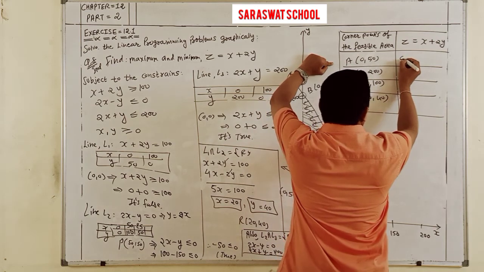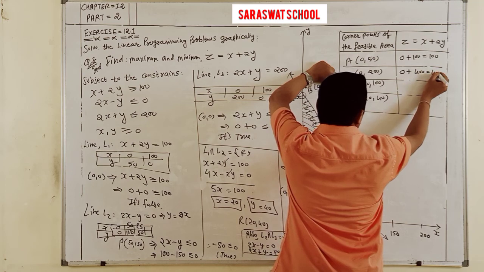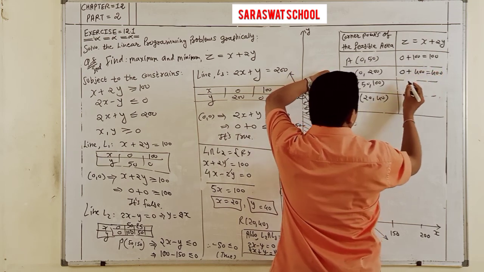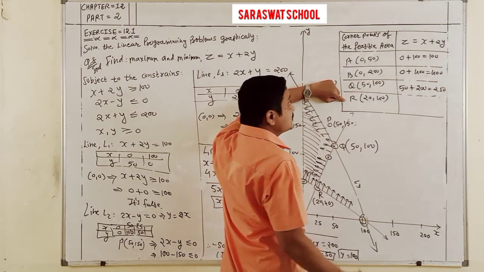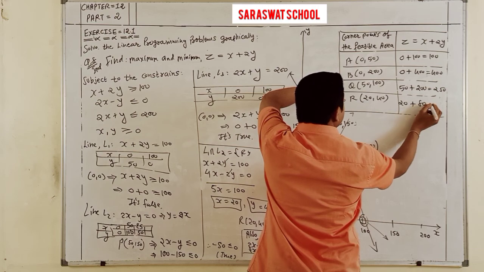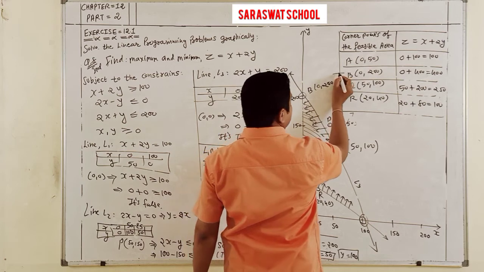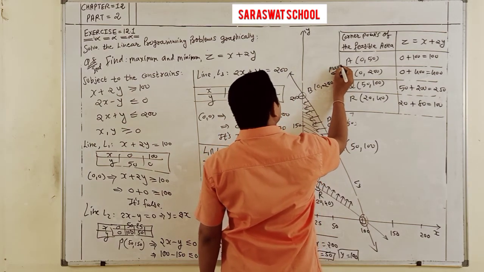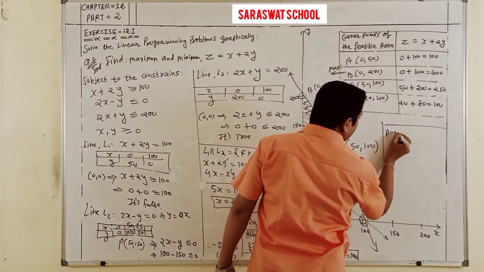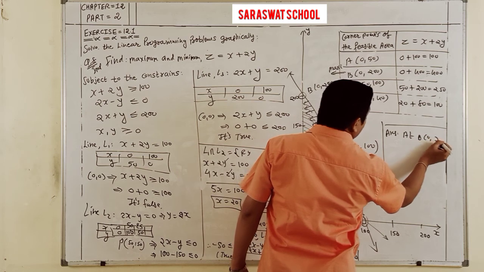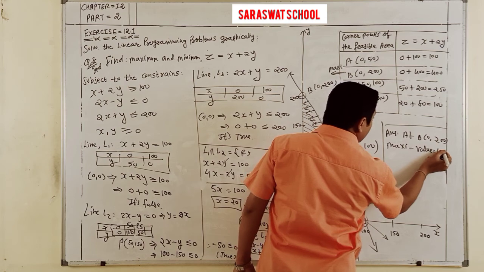Here 0, here 100, second 0 but 400. Next will be 50 plus 200, which is 250, and last 20 plus 4 times 20, 80, is 100. It means you have the maximum value at B. Yes, so my last answer at B 0, 200 maximum value becomes 400.